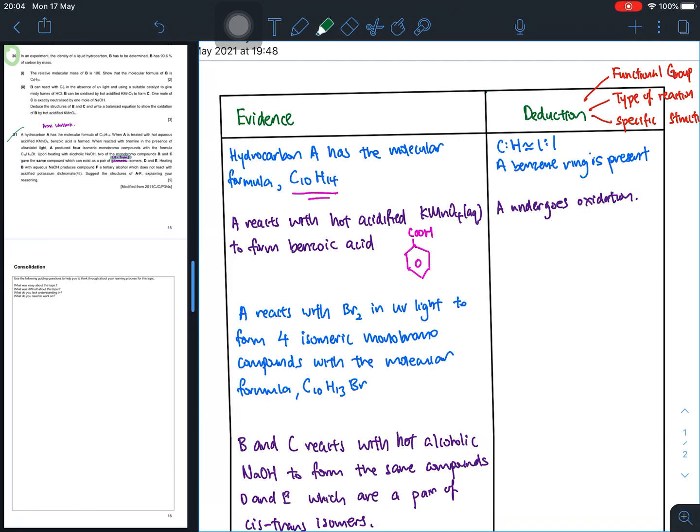Given that the product is benzoic acid, which means that only one side of the benzene ring is substituted, it tells you that the extra 4 carbons are situated on 1 carbon of the benzene ring. So the deduction that you can make is that A has only 1 alkyl side chain.